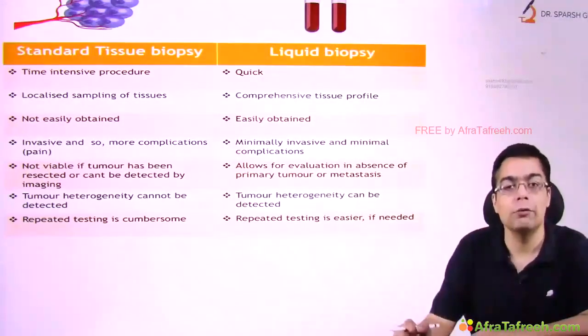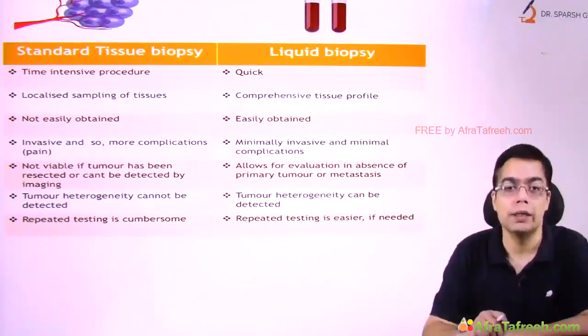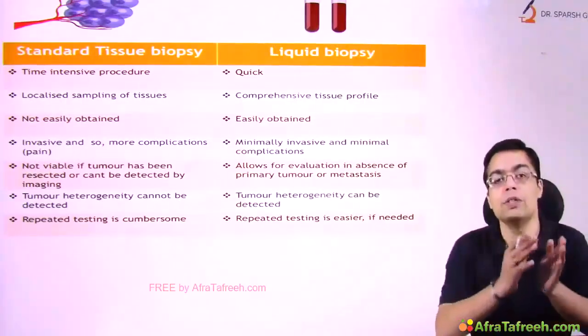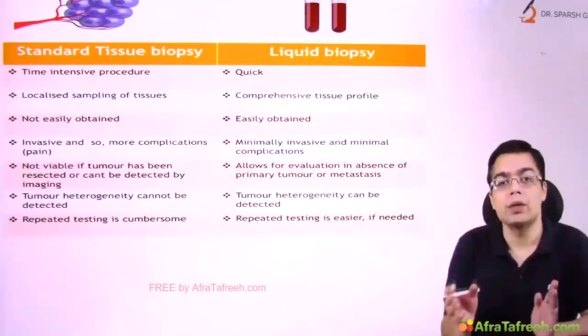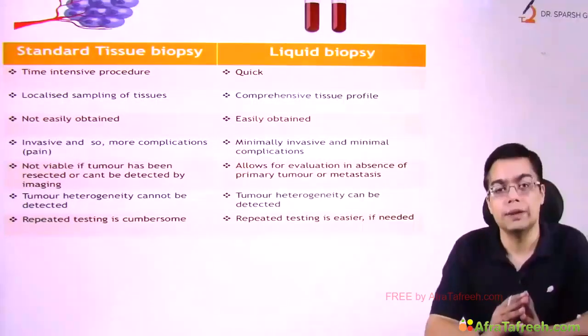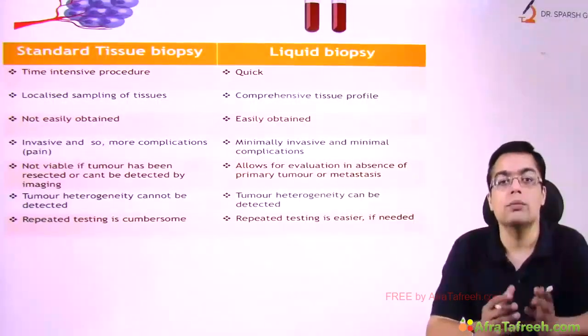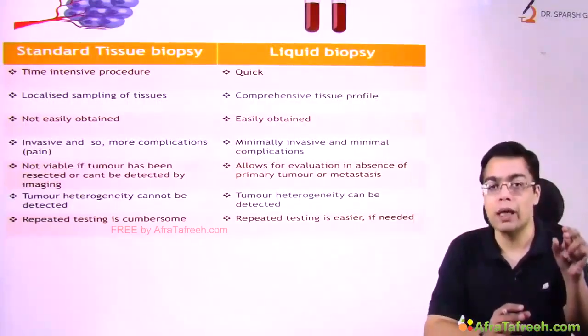Another important problem that we find is the concept of tumor heterogeneity. For example, suppose you have a patient with a lung tumor, and this lung tumor now metastasizes, let us say, to the adrenal gland or to the bone or to the brain. At the site of metastasis, the tumor cells acquire more mutations. So there was an initial or primary tumor which already had a mutation.